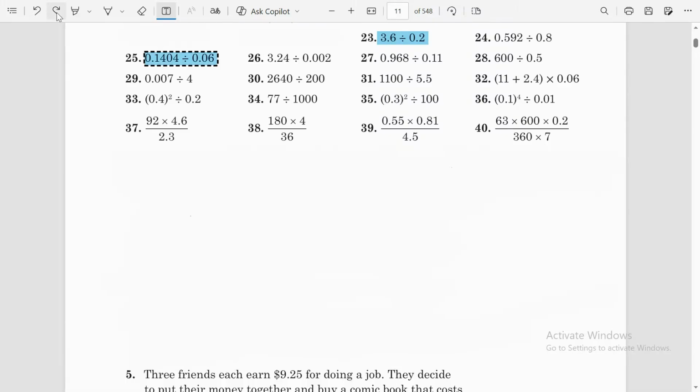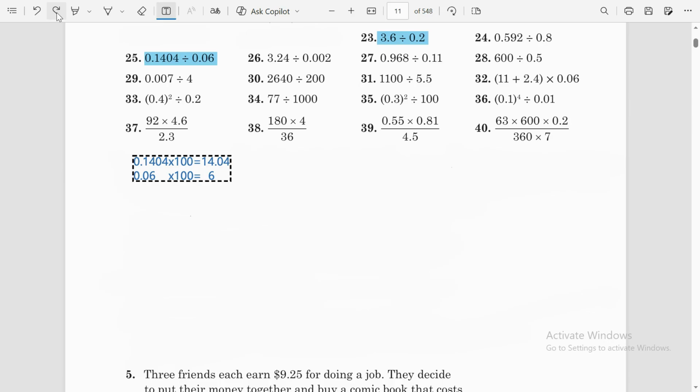Question number 25, 0.1404 divided by 0.06. As we discussed earlier, we have to remove the decimal from the divisor to solve it easily. So if we multiply 0.06 by 100 to remove the decimal, we have to multiply the dividend 0.1404 also by 100.